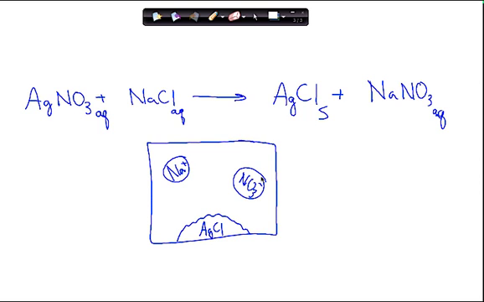So, let's talk. Yes, silver nitrate and sodium chloride react. Yes, sodium and nitrate are spectators. They remain in their aqueous form. Yes, silver chloride tends to be a solid.